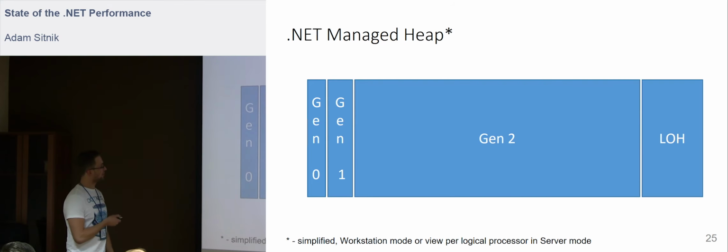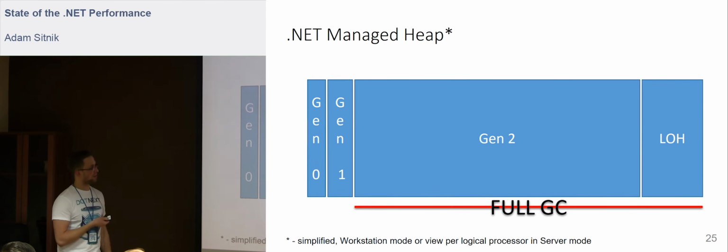We got Gen 0, Gen 1, and Gen 2. And we really want to avoid this garbage collection because most of the time this is the biggest part, and it takes not milliseconds but even seconds, as we could see in the example. And the problem is that the large object heap, which is the heap where all of the big objects are stored, is bound with Gen 2.